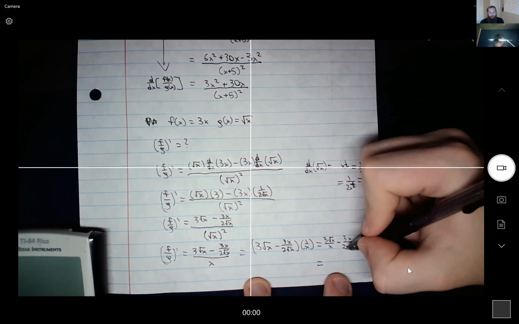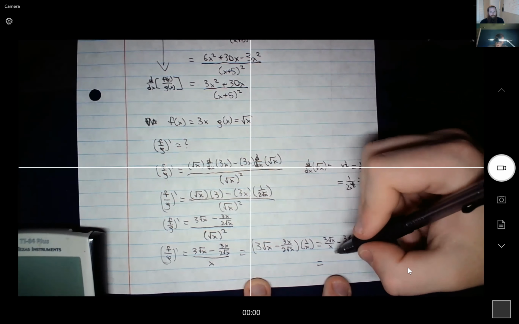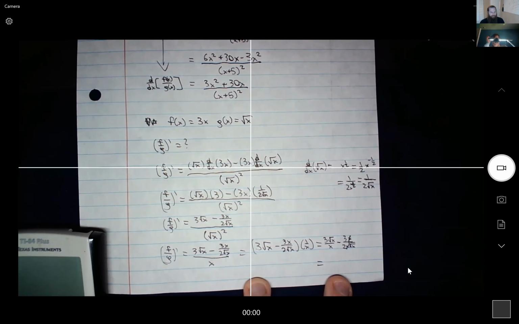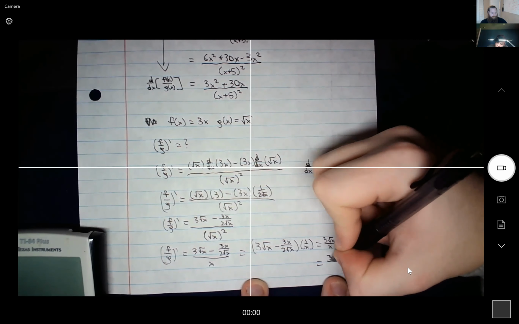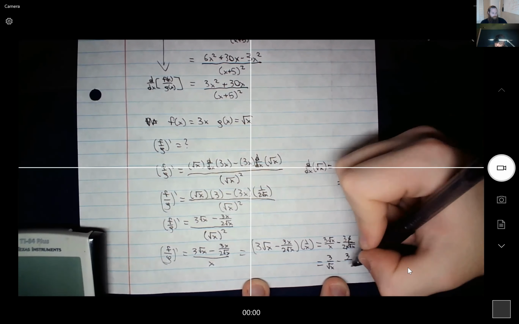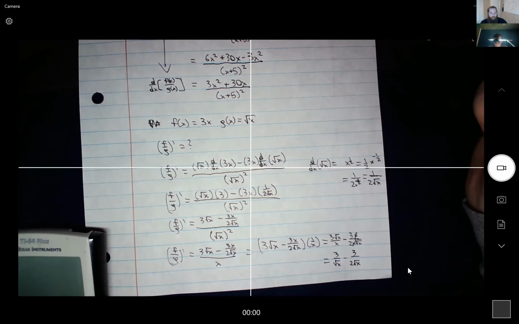Those would be canceled, and then it would go up and be negative, since 1/2 minus 1 would be negative 1/2, so that would become 3 over root x minus 3 over 2 root x, like that. Perfect. Okay. Yeah, nicely done.